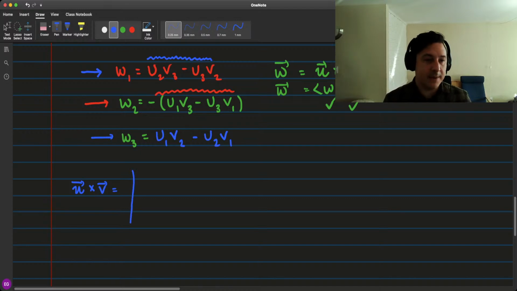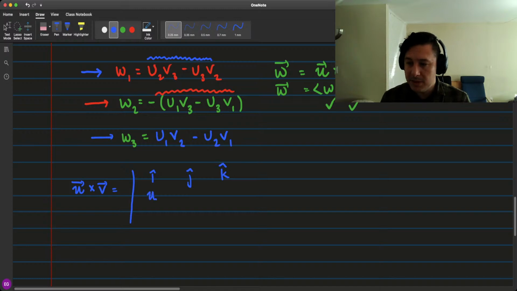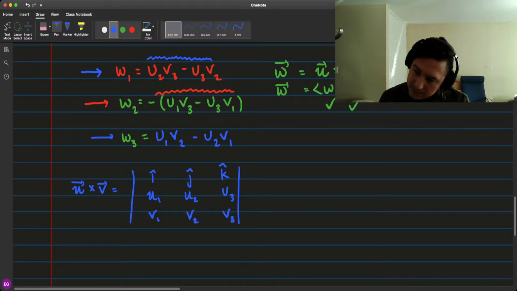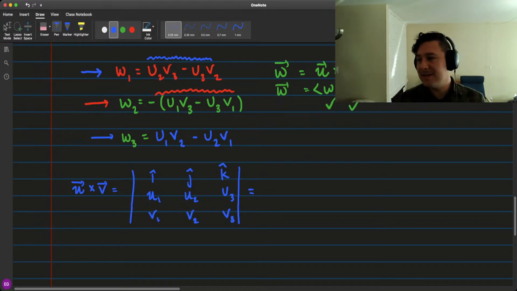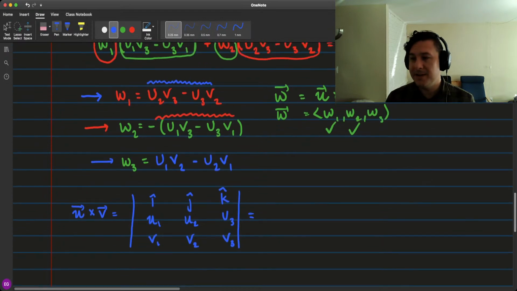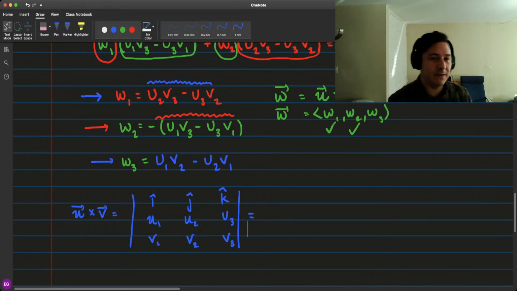You put these things that look like absolute value signs of I, J, K, and then on the bottom you put U1, U2, U3, V1, V2, V3. Yes, it is. And we're about to see that we derived these matrix formulas by being crafty with our dot product.